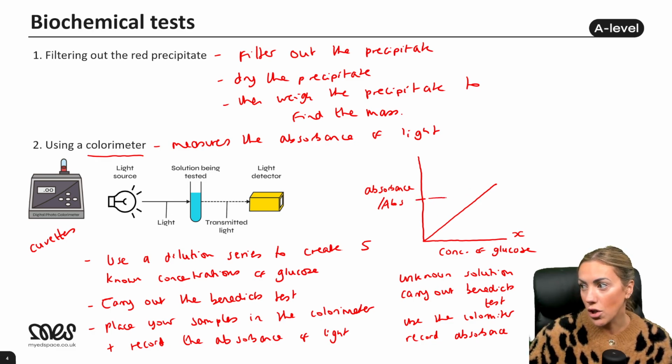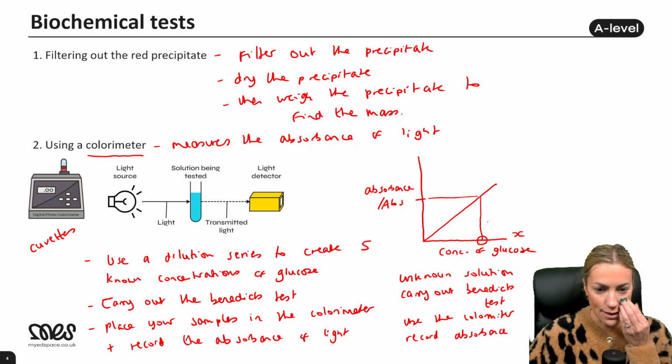You can draw some construction lines. So draw across and down, and you can actually determine the concentration of your unknown glucose solution. So you'll get a numerical value, you'll get quantitative data.